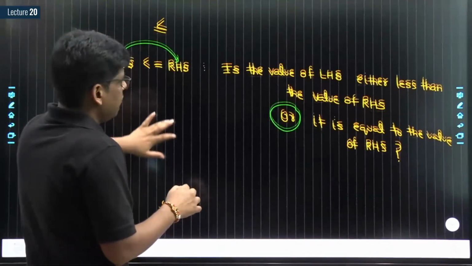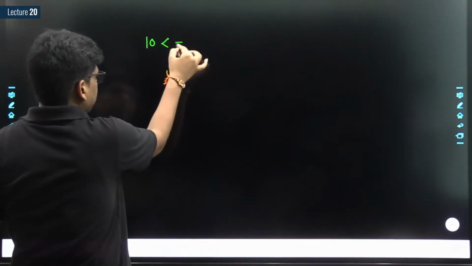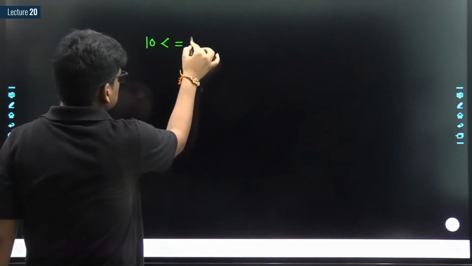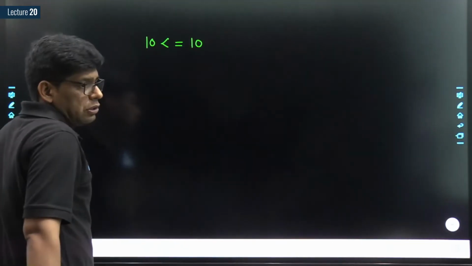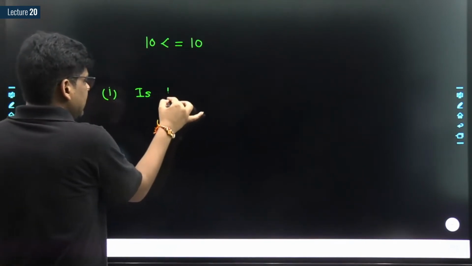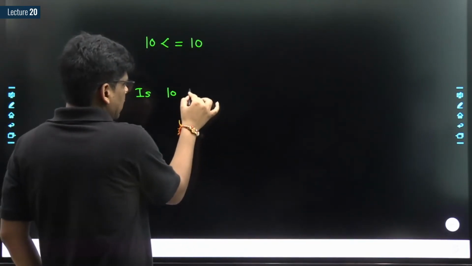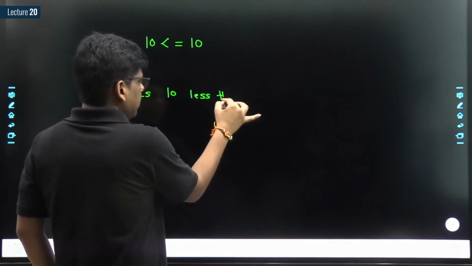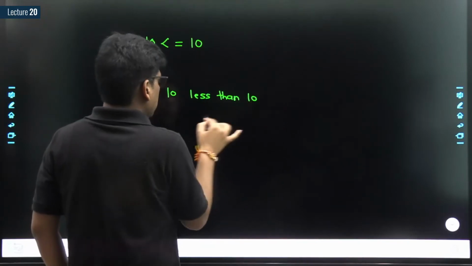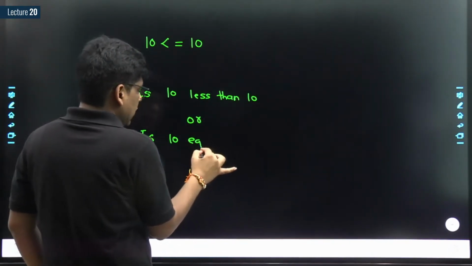Okay. For example, sir, if someone asks me 10 less than or equal to 10, there are two questions: is 10 less than 10, or is 10 equal to 10?